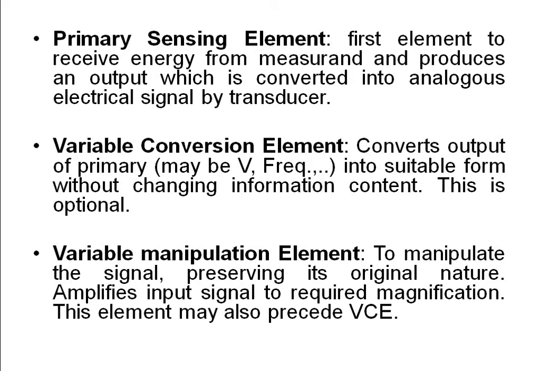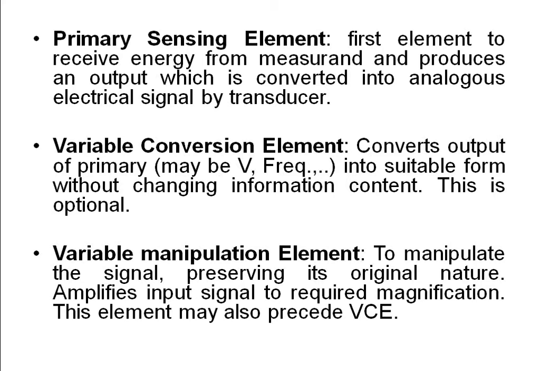It will convert the output of the primary, that is what we have received from the primary sensing element, it can be a voltage or a frequency, into the suitable form without changing any of the information content. So this conversion element is an optional one. It's not a mandatory element.